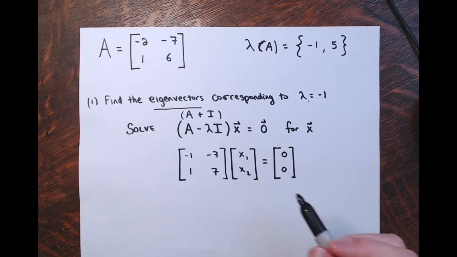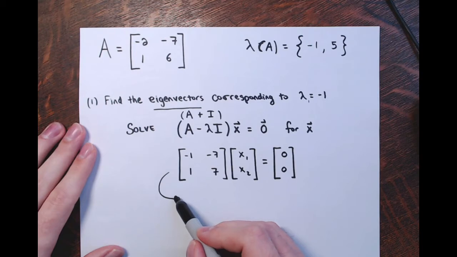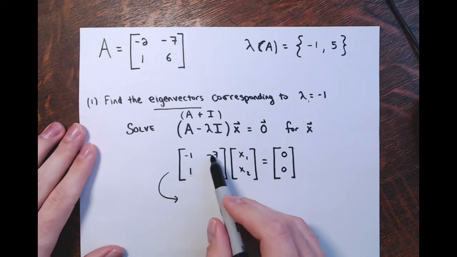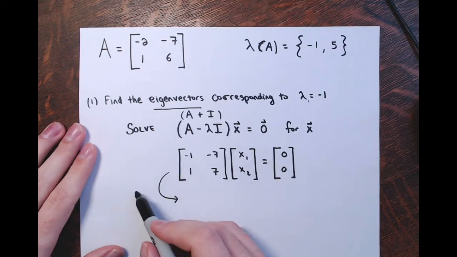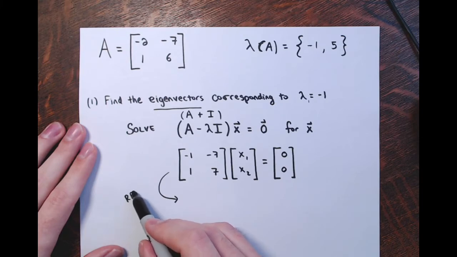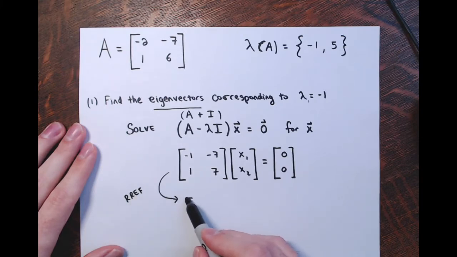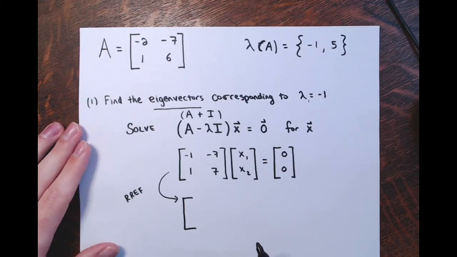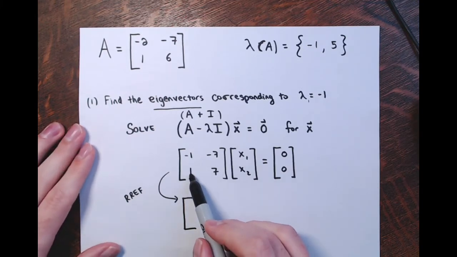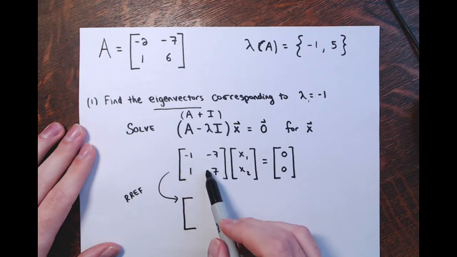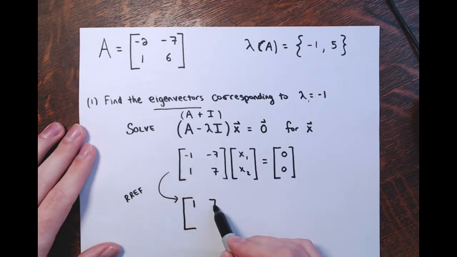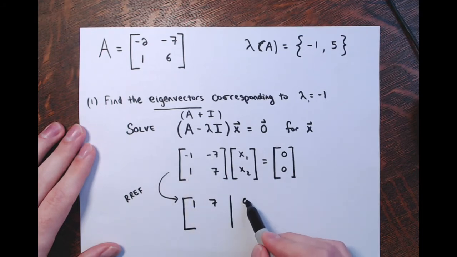And so all we're doing then is putting this, just imagine an augmented system, into reduced row echelon form. Now this one would be pretty simple. If I switch these rows and then add them up, I get 1, 7, 0, and then 0, 0, 0, like that.